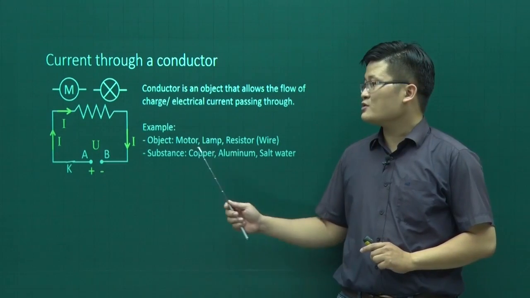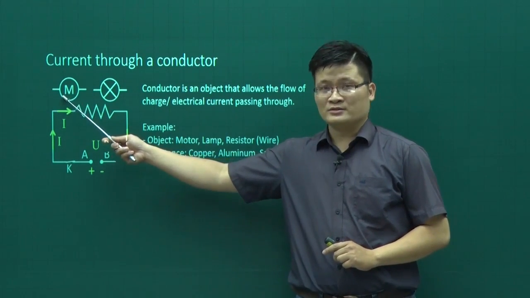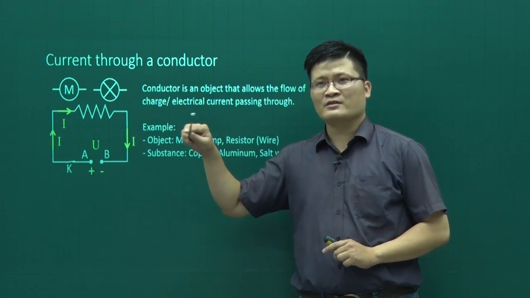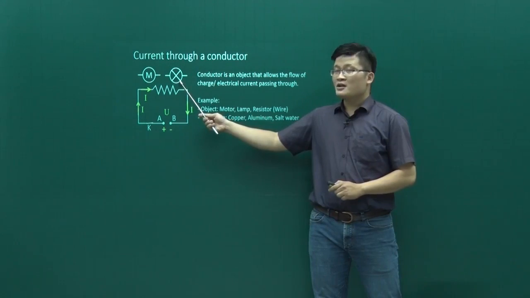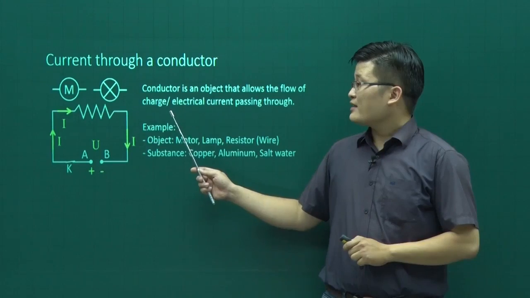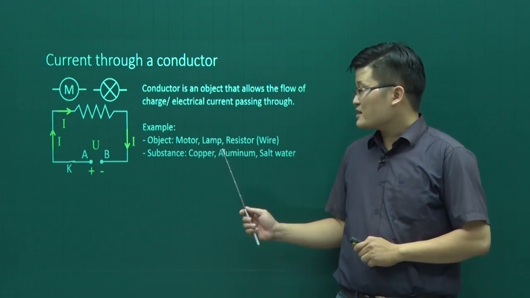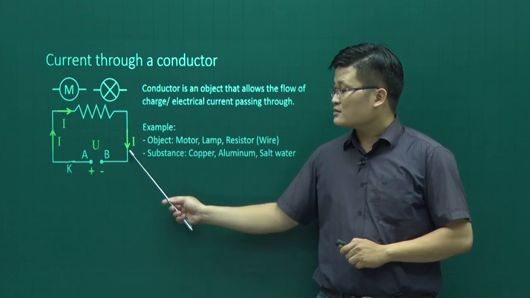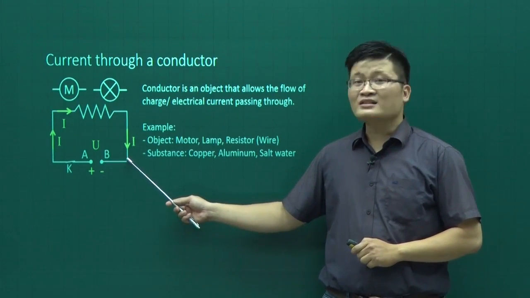There are a few examples of conductors, like a motor which can spin. Think about the fan. Another one is an alarm, which can be lighted. And then the resistor. And in some cases, the electrical wire, we can also call a conductor.